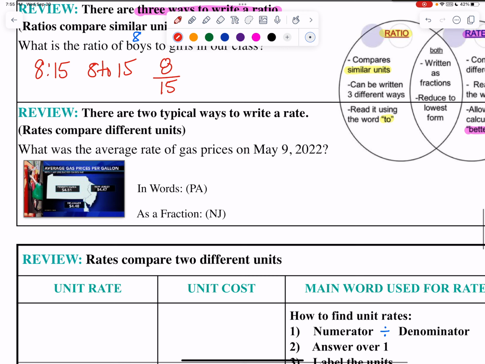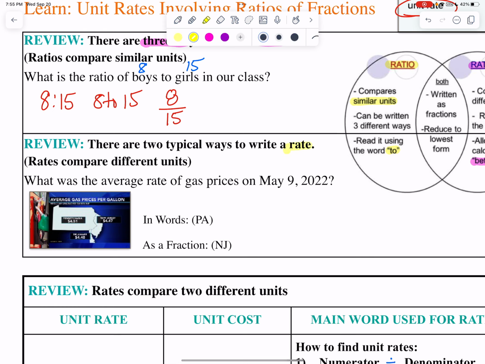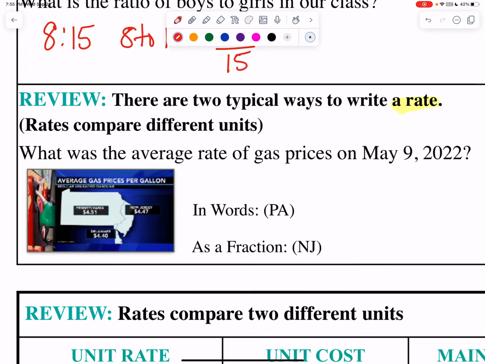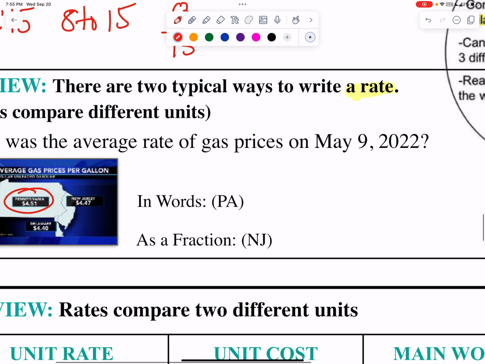All right, so there's two typical ways to write a rate. So we just talked about ratios. So now let's talk about what rates could look like. A rate can be written in words, and you can see the average price of the gas in Pennsylvania is right here. And so we can say in words, $4.51, and we can write the word per gallon.